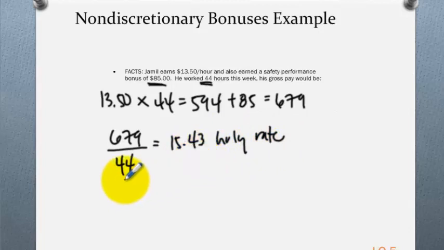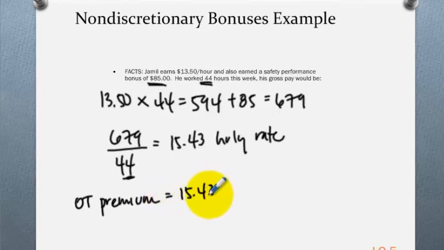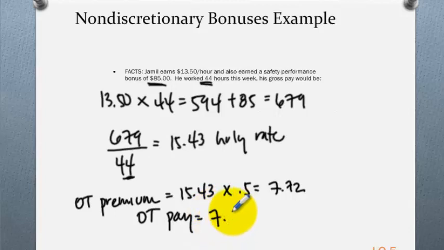Notice that we already used the overtime hours in this calculation of his hourly rate. So when we calculate his overtime, we're going to use the overtime premium. We take $15.43 times 0.5, which gives us $7.72. So his overtime pay is $7.72 times the overtime hours he worked, which is 4.